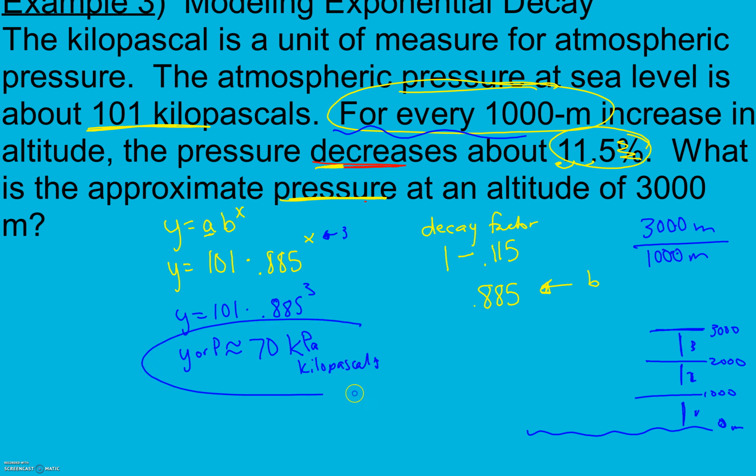And that's our measure of pressure. So again, the only difference between exponential growth and exponential decay is that exponential decay decreases. So we take our growth, instead of our growth factor where we add to b, here we're going to subtract because we're decreasing, decaying, and getting smaller.